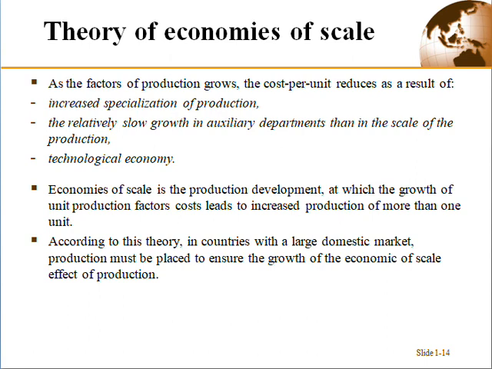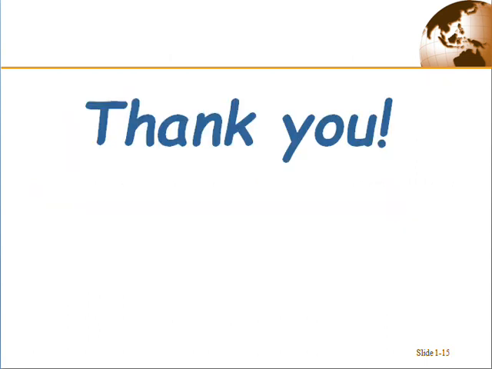And then the third one is technology advancement. So these are things that could cause the economy to form large production. And as there is large production on a large scale, the unit cost of each product begins to drop. And that is what happens in the theory of economies of scale.